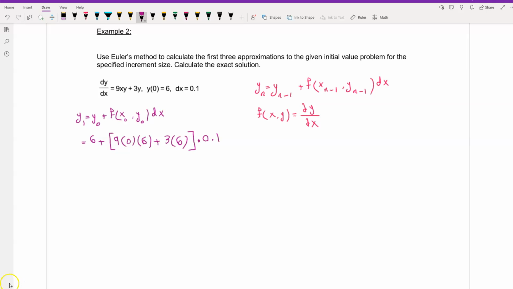So that is 0.1, and this is equal to 7.8. Now use x sub n equal to x sub n minus 1 plus dx to find the value of x sub 1. So x sub 1 equal to x sub 0, that is 0, plus dx, it's 0.1, so this is equal to 0.1.